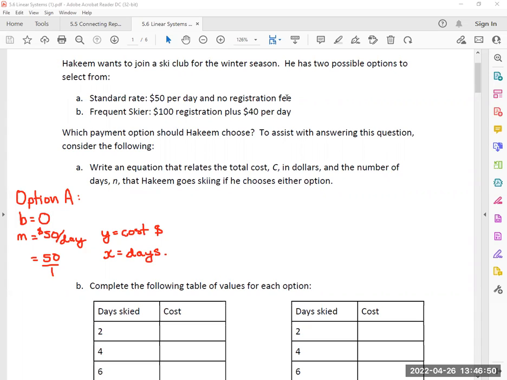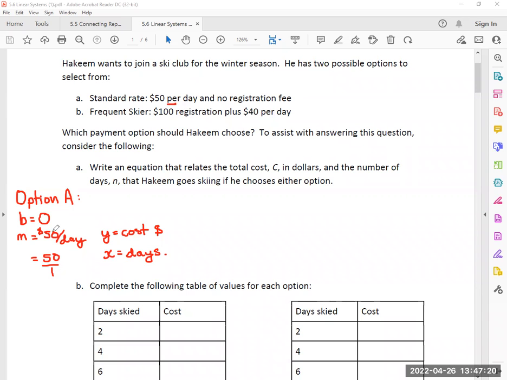Option A, my initial value, in other words, if I stay 0 days, I don't have to pay any registration fee. So my initial value is 0. I am paying $50 per day, keyword. That should tell you what the rate of change is going to be: 50 per day, or 50/1.